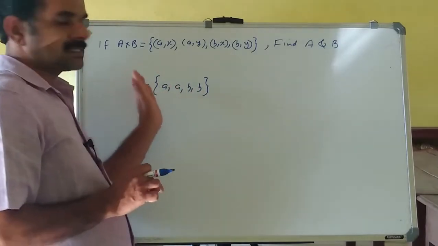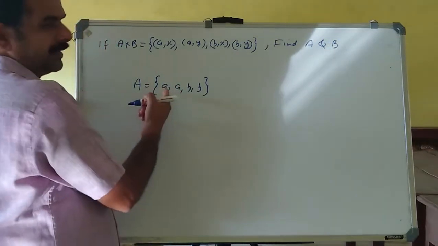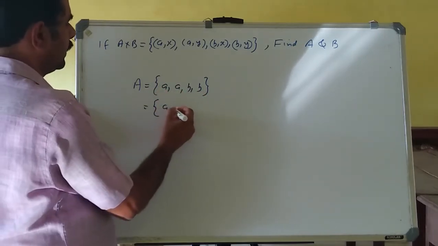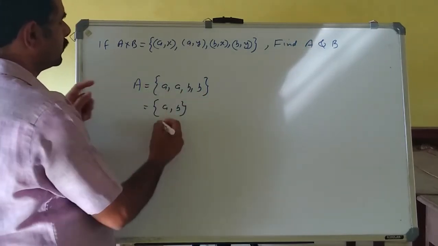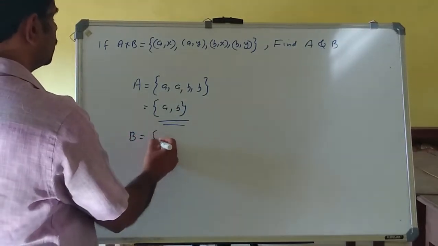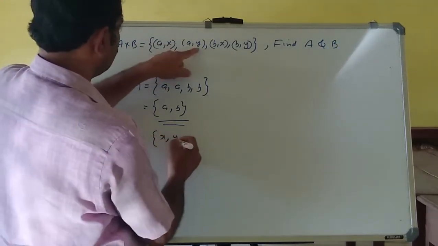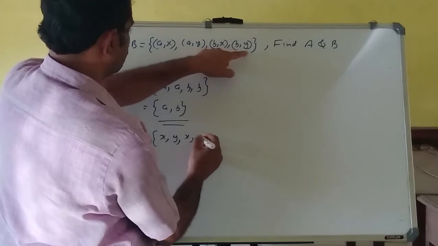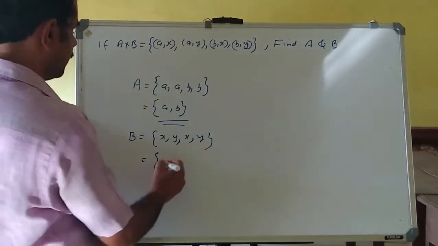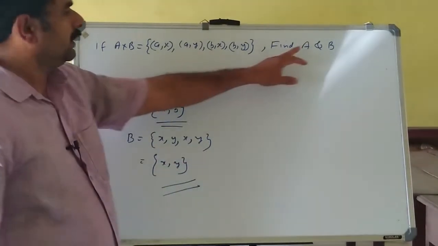Repetition is not allowed while representing a set, so we remove the repeated a and b from set A. So A is equal to {a, b}. Similarly, set B is equal to the second elements of the cross product: x, y, x, y, simplified as {x, y}. So sets A and B are obtained.